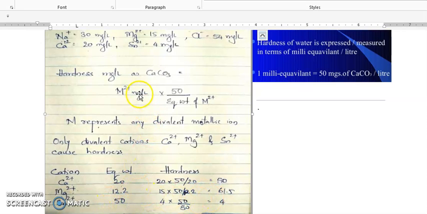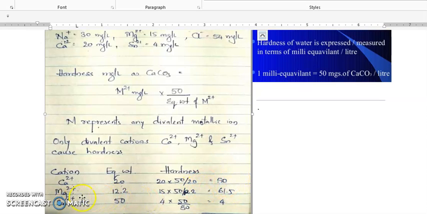Then you write this formula here. M value, that is how many mg per liter of that divalent cation is present. In the problem they have given calcium 20. So you write the 20 value here, 50 as it is, and the equivalent weight of this M is 20. So 20 into 50 divided by 20, you will get this.